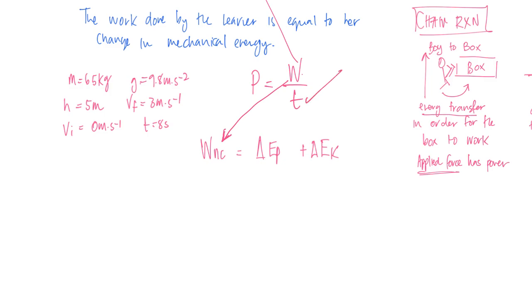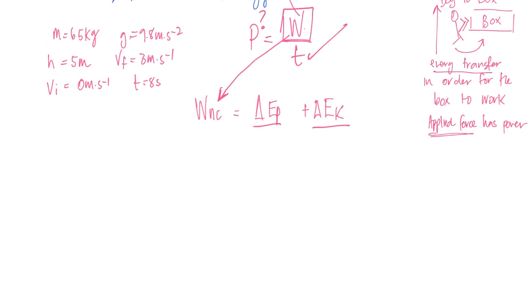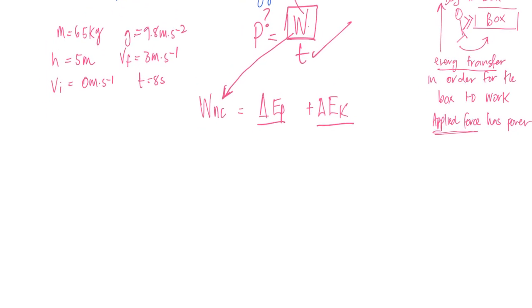I've got the time, I need the power, and now I need to look at the work done by this system. Because I have a change in EP and I have a change in EK, and I have the information for that change, I can use work non-conservative for my work value for power.